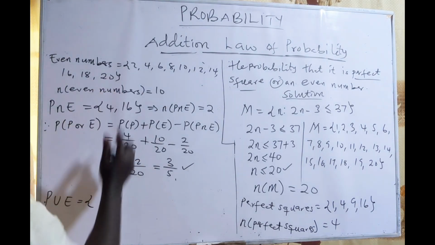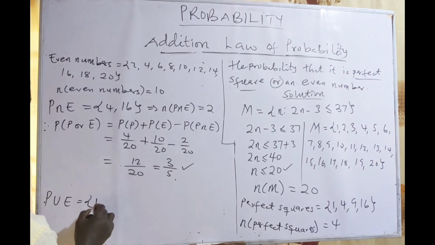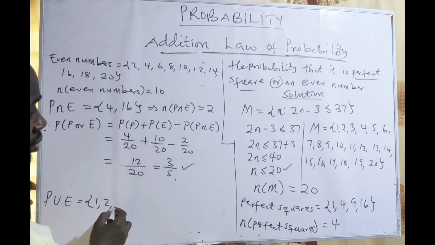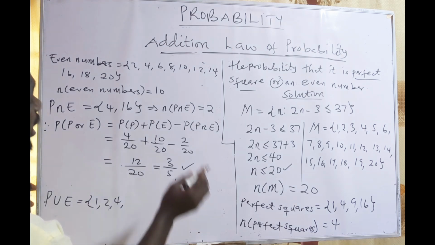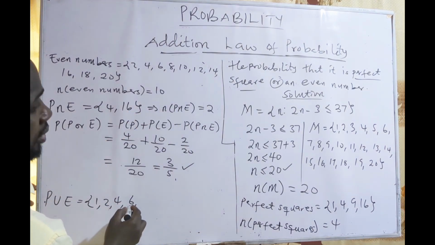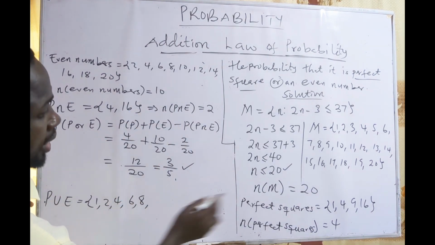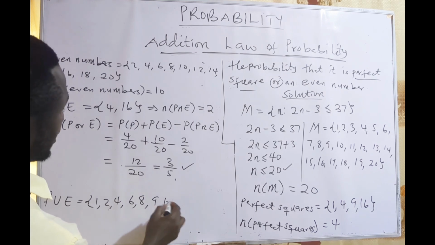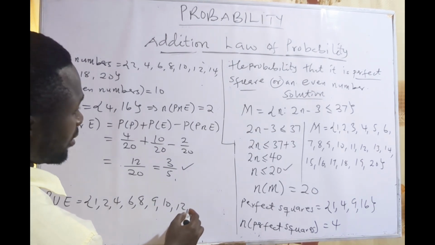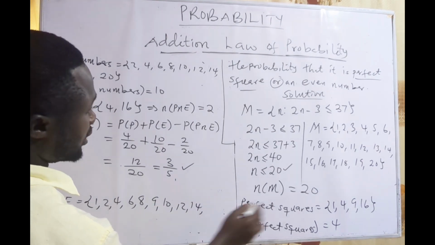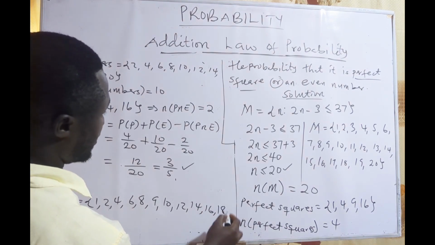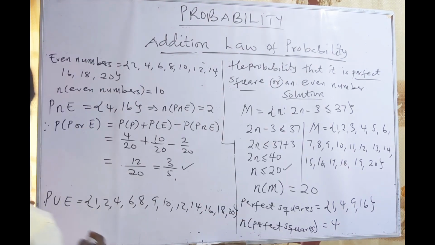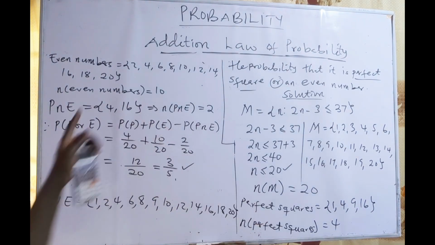If I find the union, that will be 1, 2, 4, 6, 8, 9, 10, 12, 14, 16, 18, and then 20. So you are able to list the union of the two.